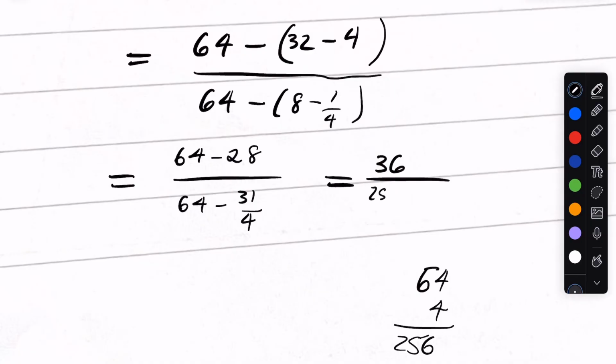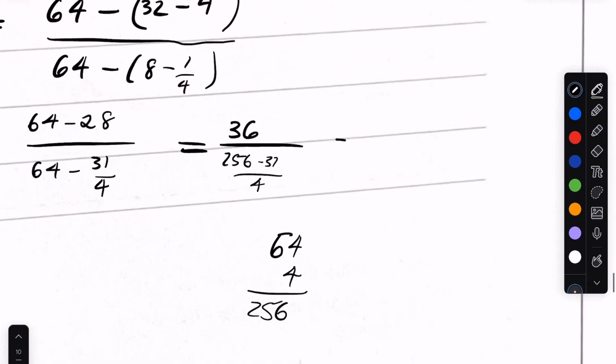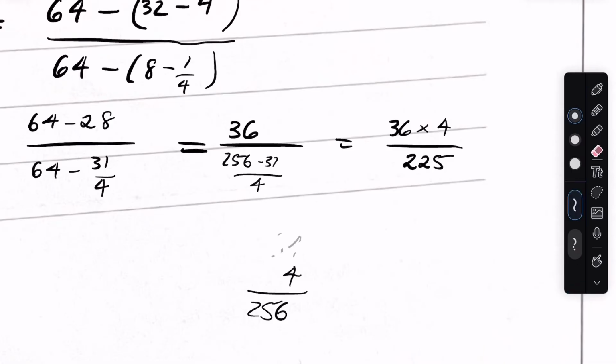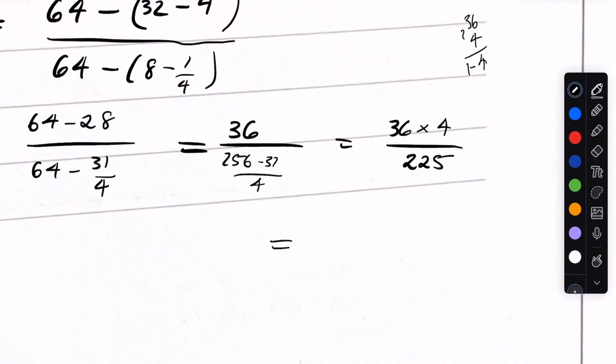So that's 256 minus 31 on 4, which is 36 times 4 over 256 minus 31 is 225. Now that is 36 times 4 is 144. That's 144 on 225.